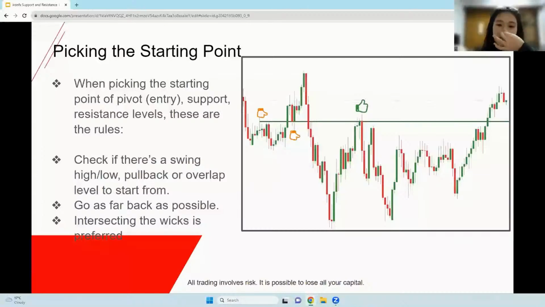The orange thumbs over here represent an okay intersection. They're not preferred, but not exactly wrong. Preferably, we want to look for intersections that are only of the wicks, like over here.